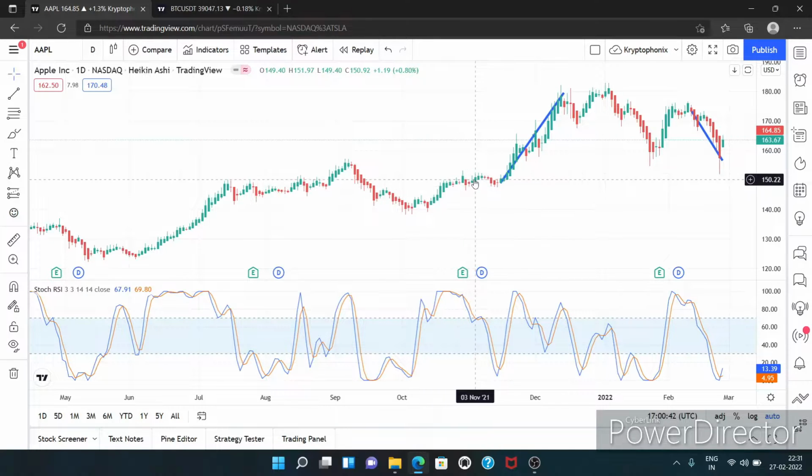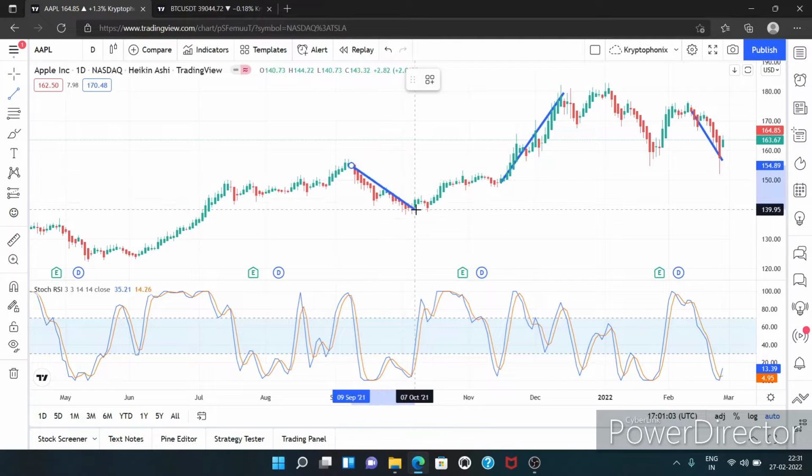If you look over here, two consecutive red candles are formed, but the stochastic RSI has already breached the 70 mark. Therefore, we can see no great move was seen here. If we look at this point over here, two consecutive red candles, stochastic RSI above the 70 mark, a down move was seen.